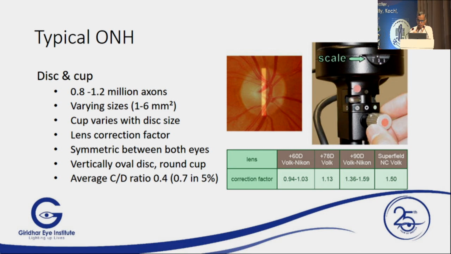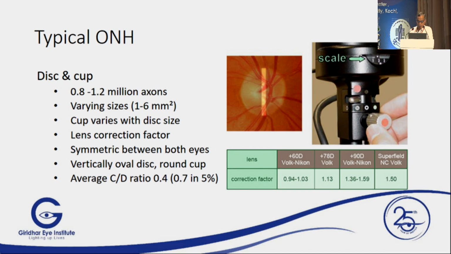You can measure the disc size using the numbers on the slit lamp and then multiplying it by the correction factor depending upon which lens you are using to view the fundus.